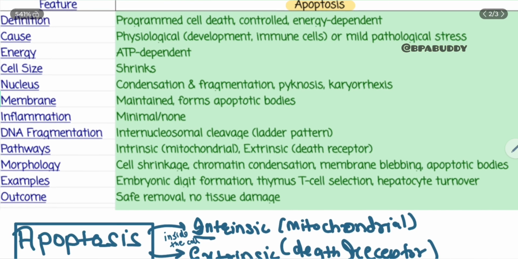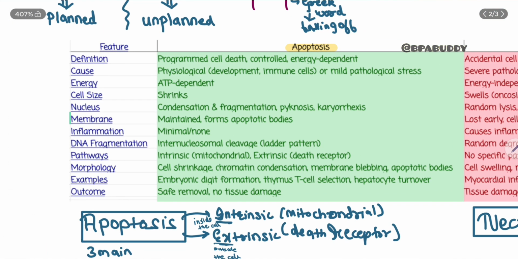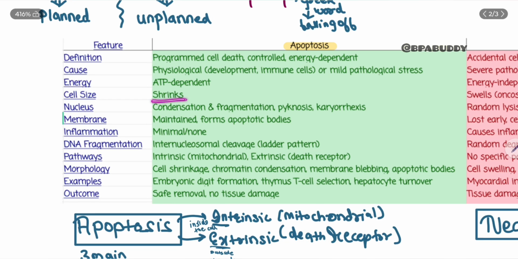So let's talk about them. These are exam goals. What happens to the cell is the question here. Cells shrink and the nucleus shows condensation, the cell membrane forms blebs and then fragmentation occurs, and finally apoptotic bodies are formed. These small fragments are then eaten by phagocytosis.